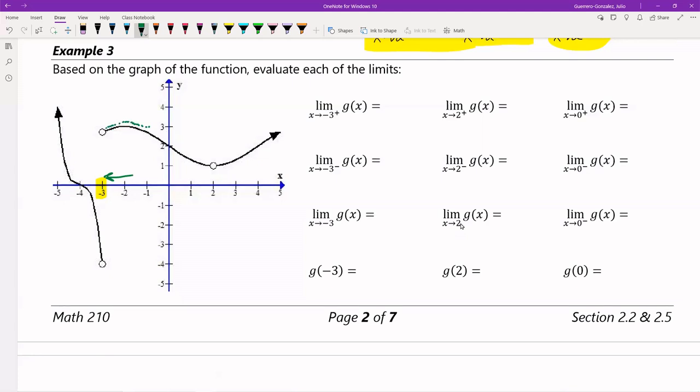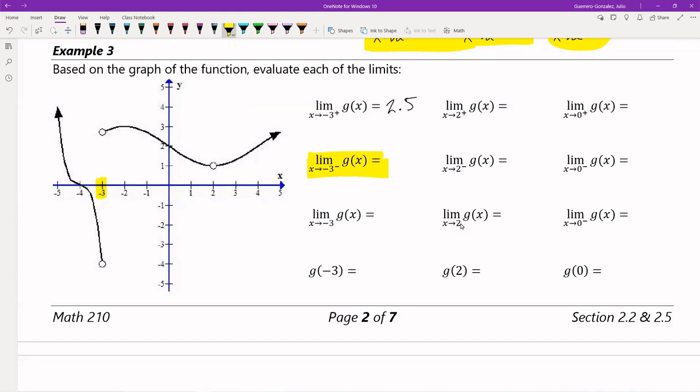And if you guys can see, that looks like maybe 2.5, so I'm going to call it that. The y values for g of x as I approach -3 from the positive side are about 2.5. Okay, cool. Next one.